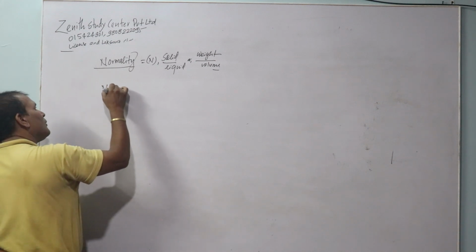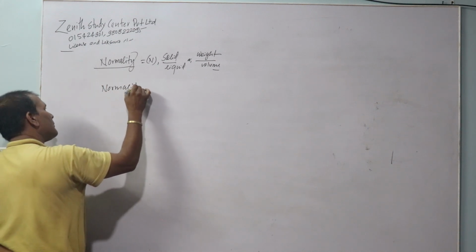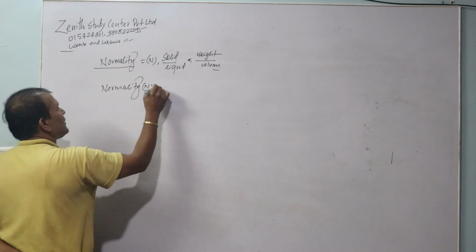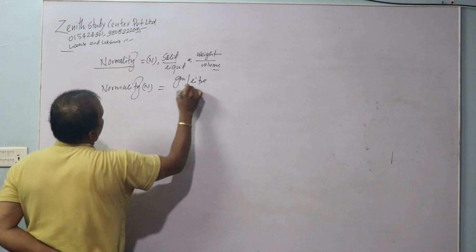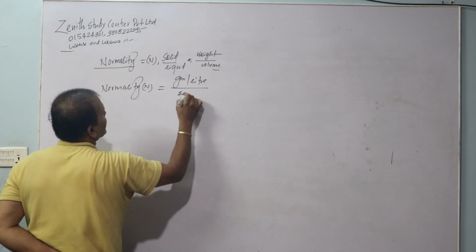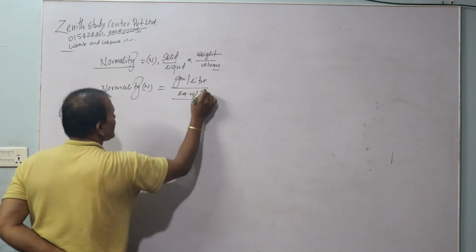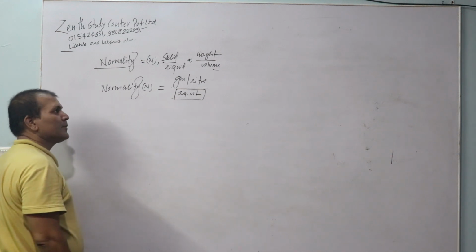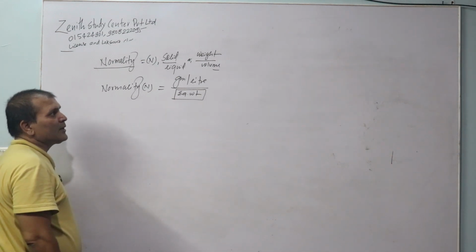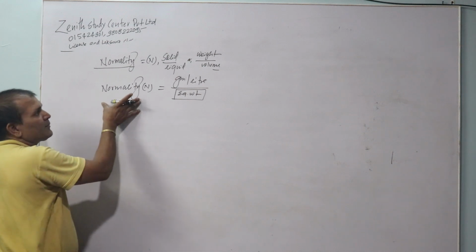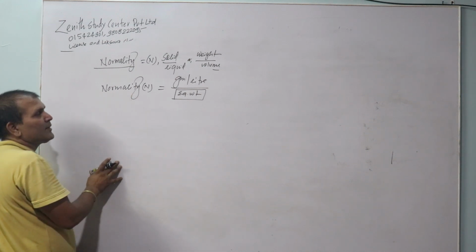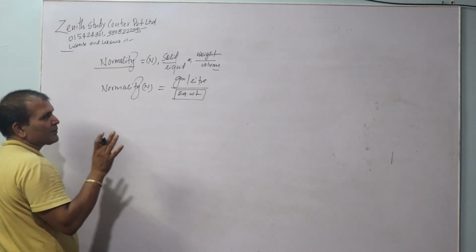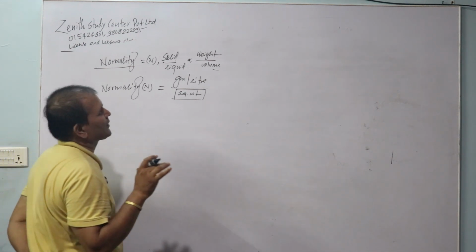Now the normality formula: gram per liter by equivalent weight. If you replace equivalent weight by molecular weight, it becomes molarity. So the difference between molarity and normality is equivalent weight versus molecular weight.